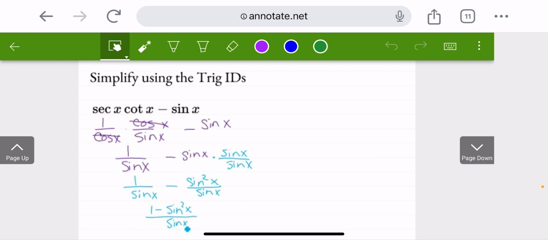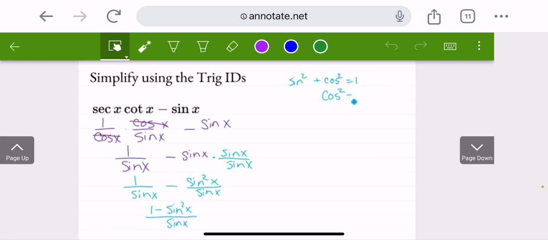Oh wait, I see a 1 and a sine squared. I wonder if I can get something like this. We're going to take that Pythagorean identity, sine squared plus cosine squared equals 1, and get cosine squared by itself: subtract sine squared from both sides.